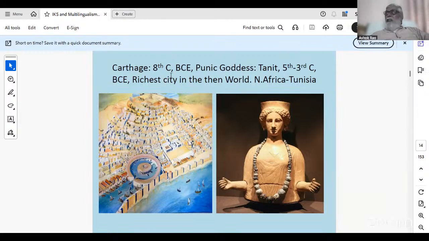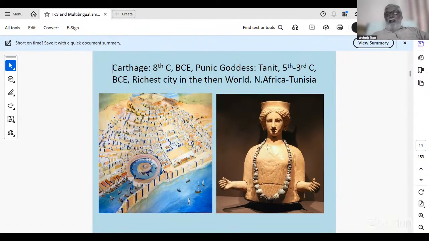It was then the richest city-state in the world. And this is the Carthage image, some of which is partly visible even today, close to what is Tunisia today. And they had a female goddess called Tanit, up to around the 3rd century BC.